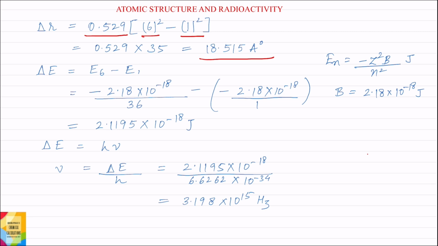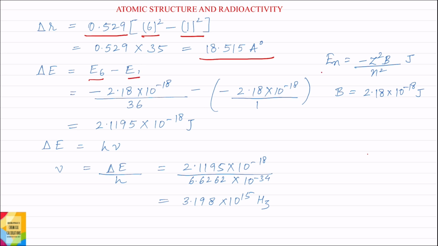Now another question is, what frequency of radiation will be emitted if the electrons returned to their initial state? For this, when electrons come back from the sixth orbit to the first orbit, we have to find out the frequency of radiation emitted. So delta E will be equal to E6 minus E1.